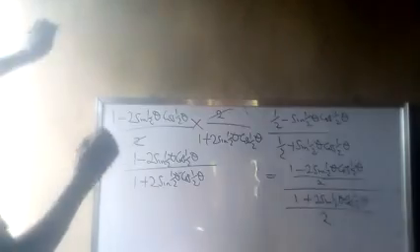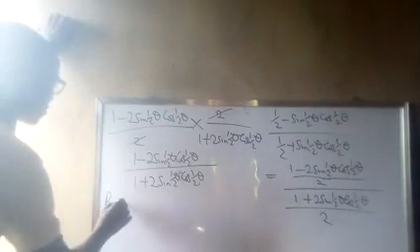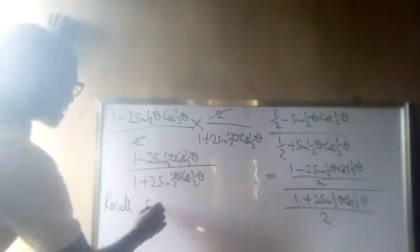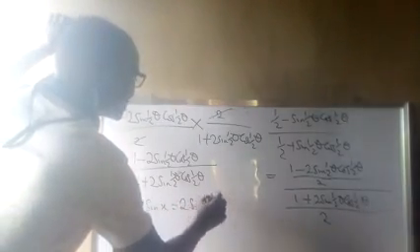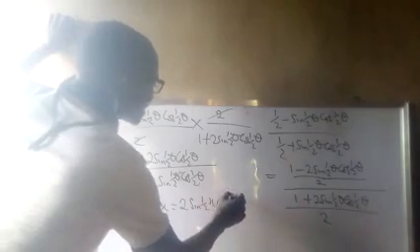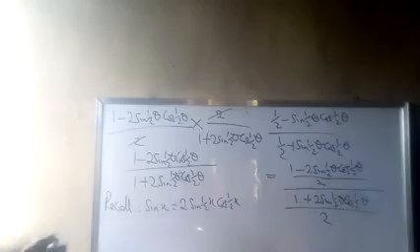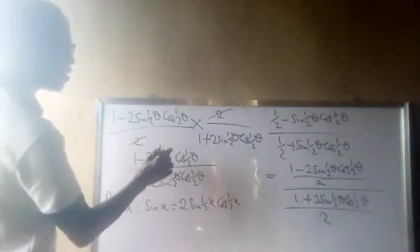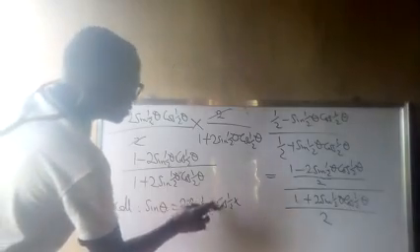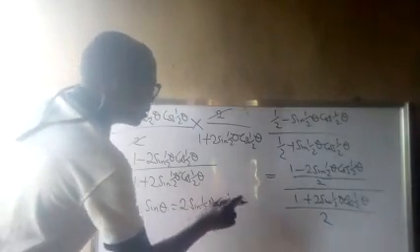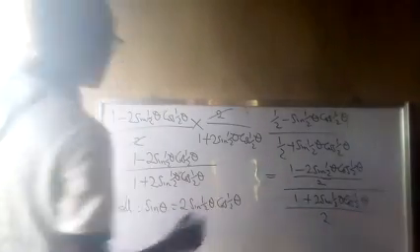And we should recall from our multiple angles, sine x is equal to 2 sine half x cos half x. Now that we have theta instead of x, sine theta is 2 sine half theta cos half theta.